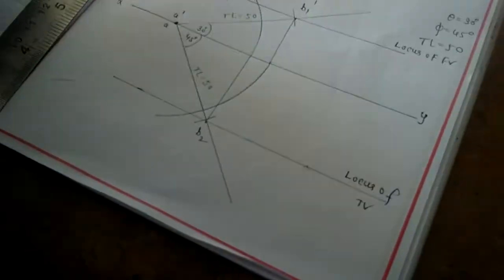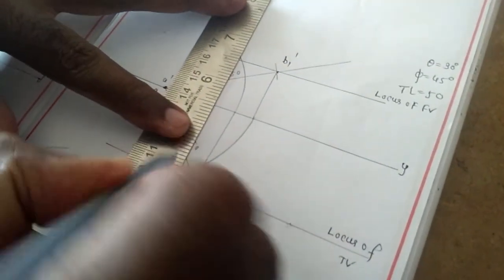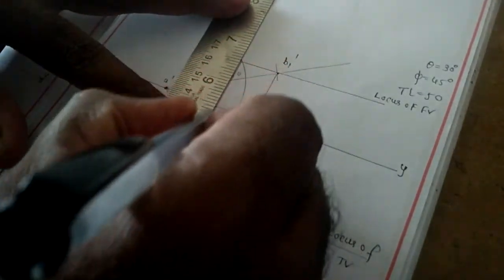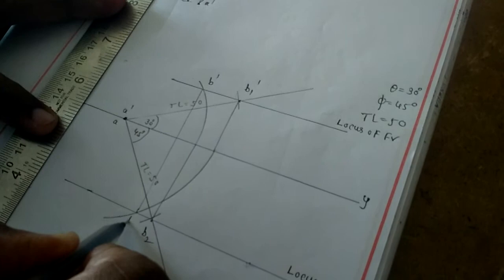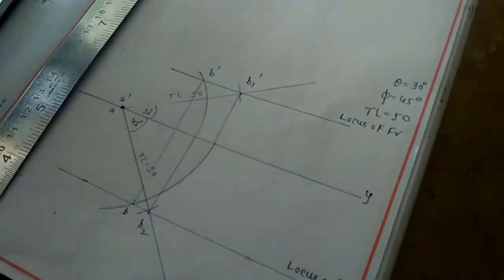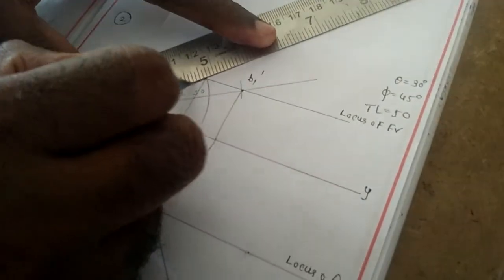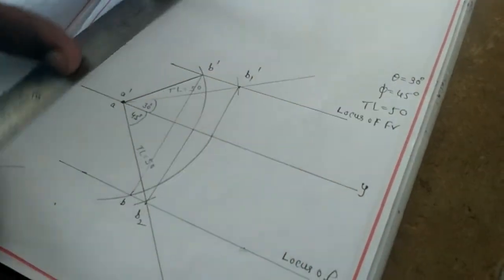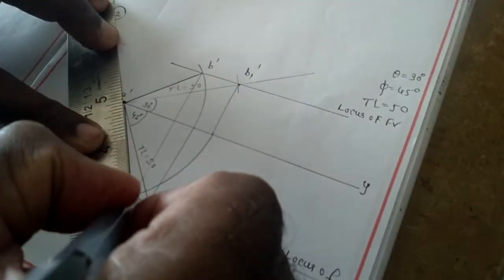After that, join this point and that point by a straight line. This is also a projector. Now this is B dash. This is B. Now join A dash to B dash. This is the front view, the front view thick line. AB is the thick line.